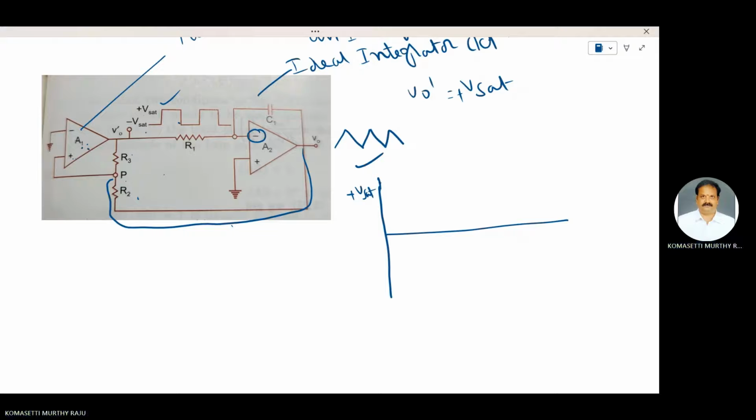Let us consider that the output of the comparator A1 is at plus V sat.